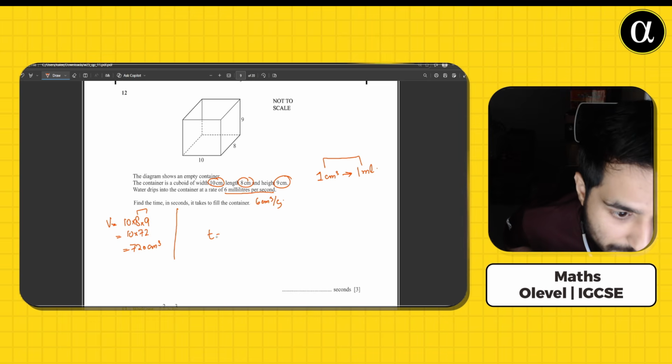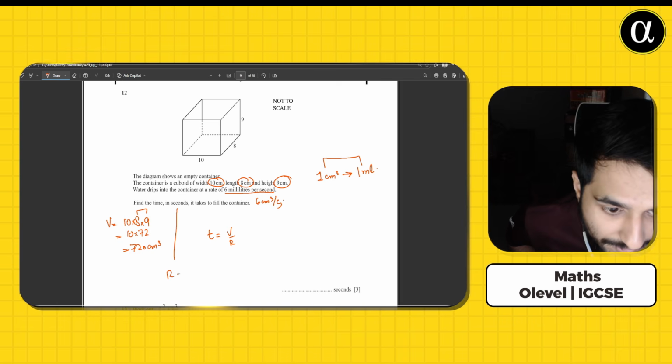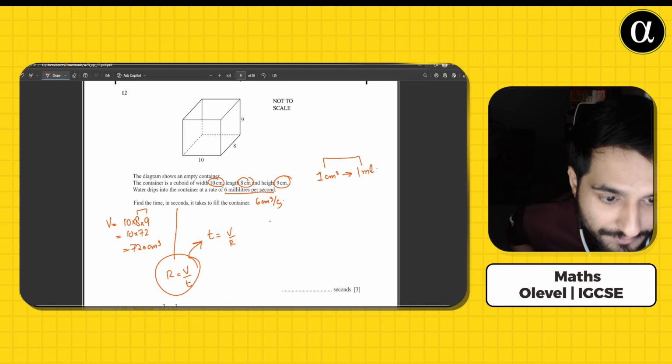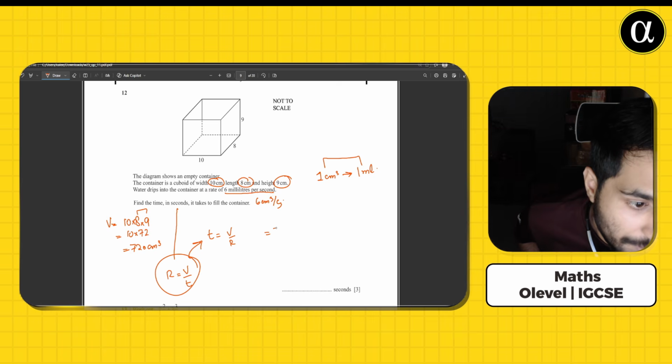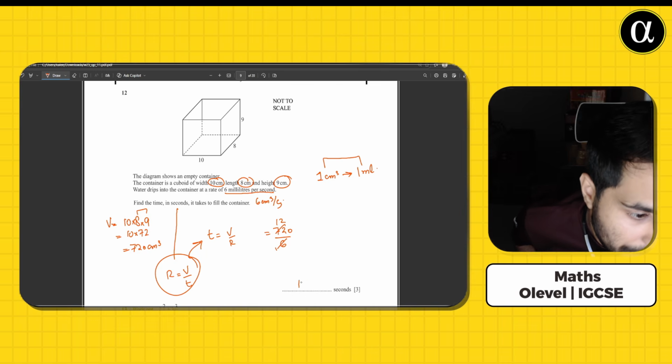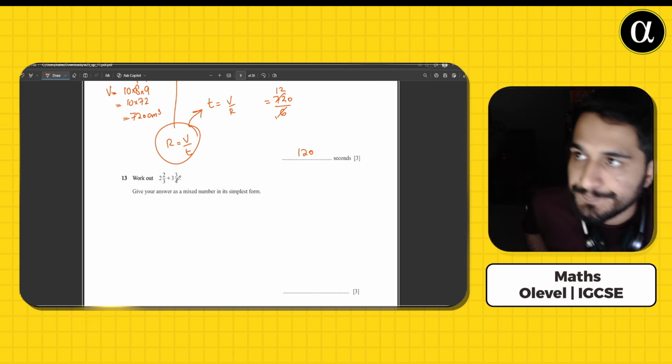So time is equal to volume upon rate, since the general formula is rate equals volume upon time, from where we derive this. It's going to be 720 over 6, and the answer is going to be 120 seconds for this case. Let's move on.